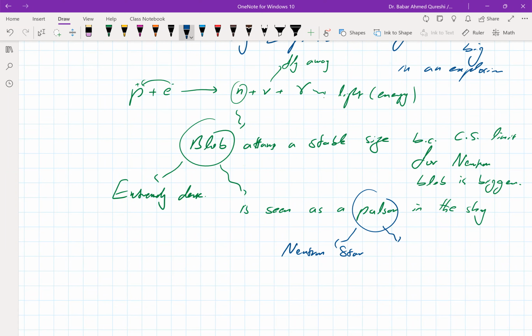And these pulses are radio pulses observed on Earth. Very highly timed, so it's like beep, beep, beep, beep, as if someone is sending a signal.